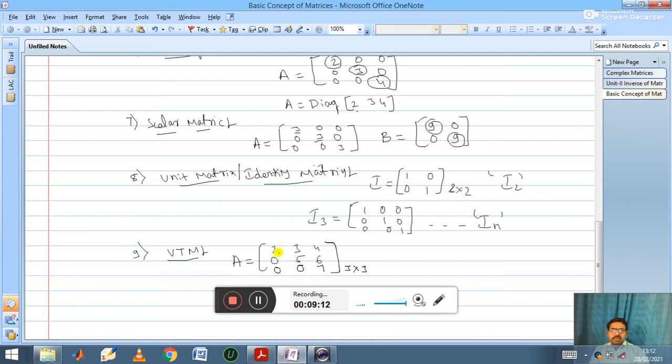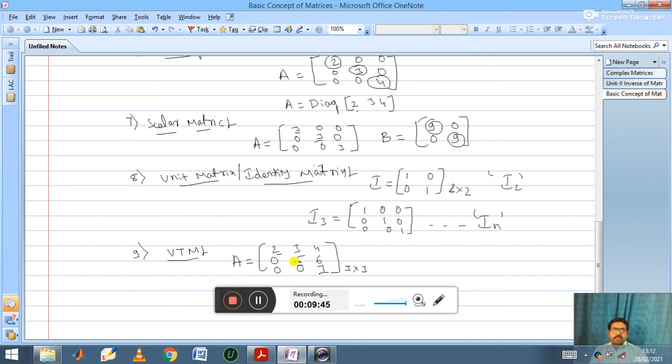Here, first you identify the diagonal elements. In this 3 cross 3 matrix, the diagonal elements are 2 5 7. The line along which the diagonal elements lie is known as the diagonal line, or principal diagonal line. So the principal diagonal line contains the elements 2 5 7.